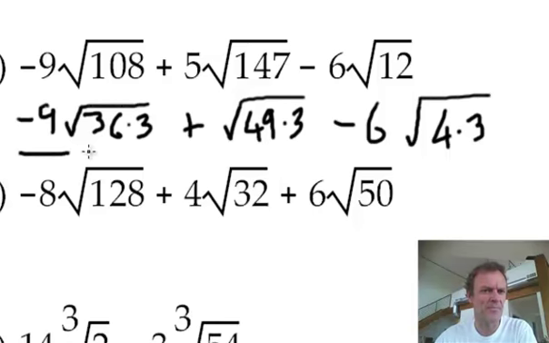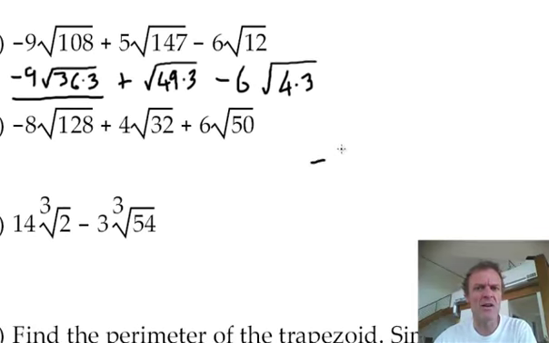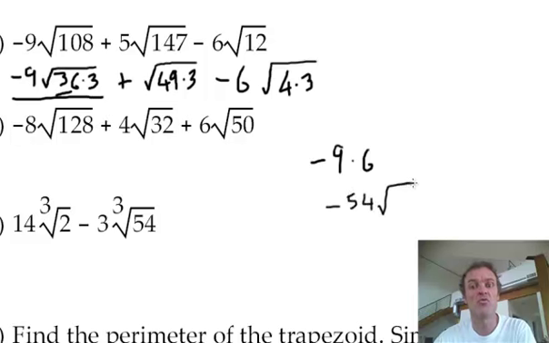So let's go look at this one. Right, negative 9. What's the square root of 36? It's 6. So that's negative 54 root 3, because that's what's left, right? Plus, oh, I forgot the 5 here. Square root of 49 is 7.